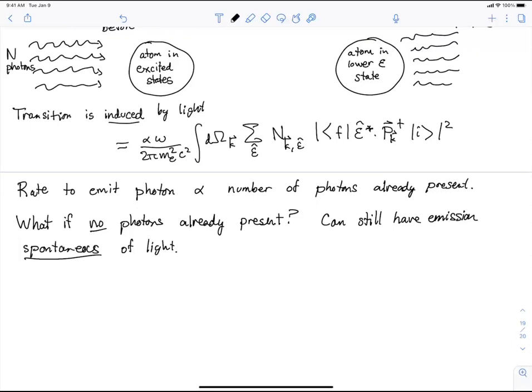Okay, so I'll just write down here our calculation doesn't show this. We need to see it directly, we need to quantize the electromagnetic field.